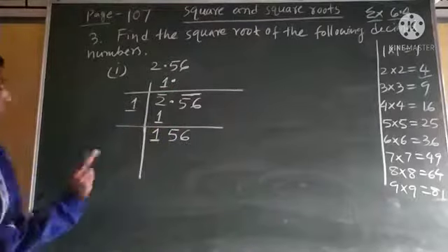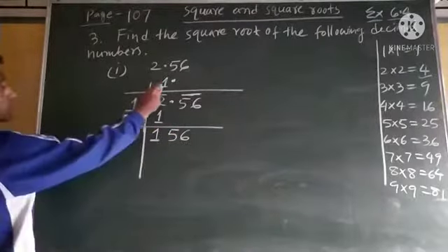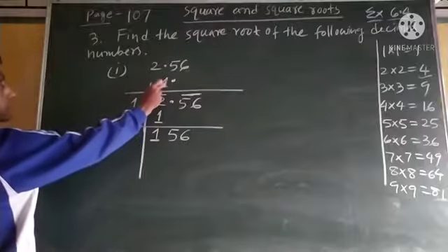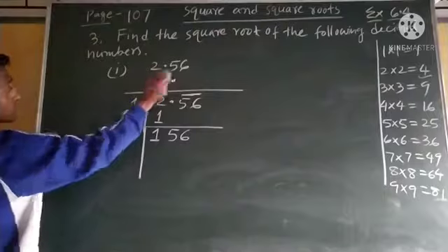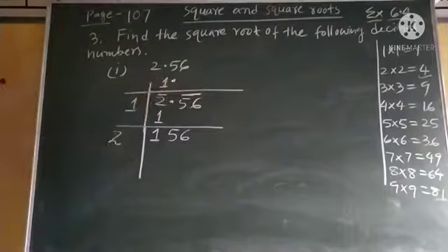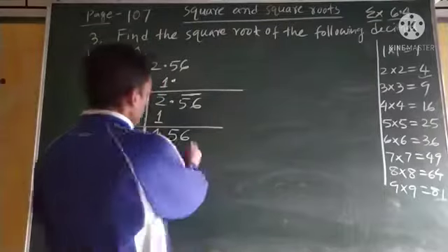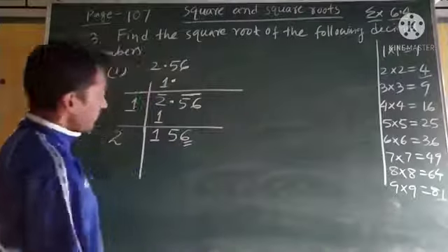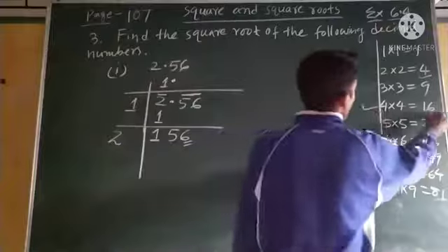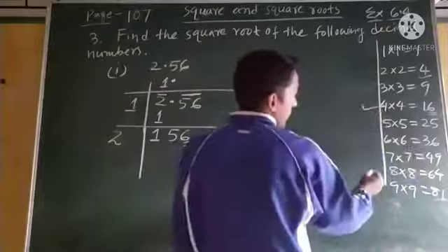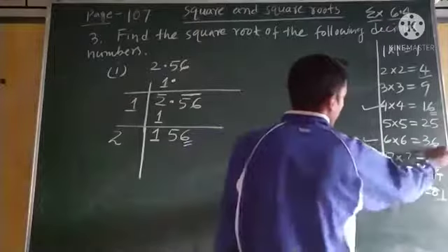Now you find the next divisor. 1, the first quotient digit is how much? 1. You make double. 1, 2 is how much? We have 2. Now you see the last digit here is 6. So if you give 4 times, then you will get 6. If you give 6 times, then you will get 6.